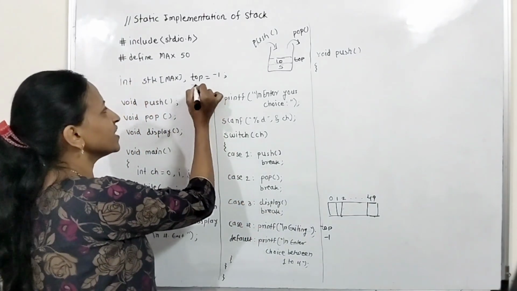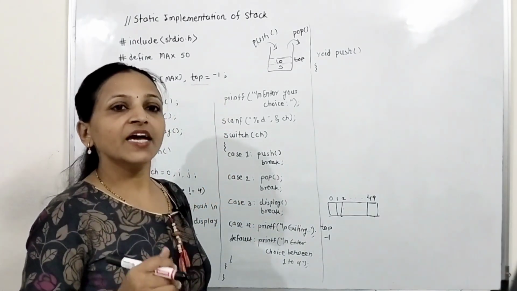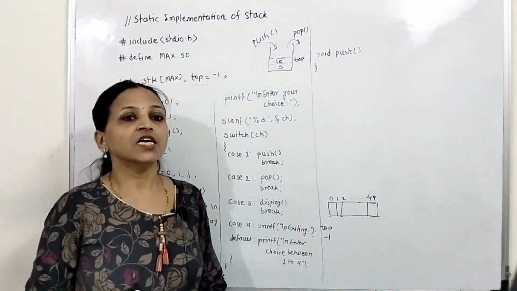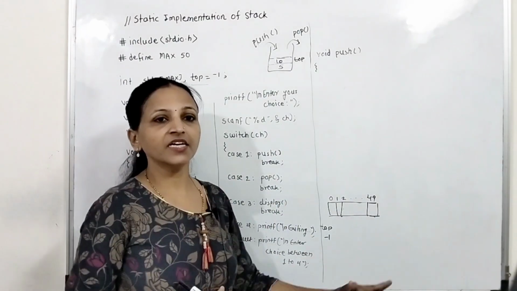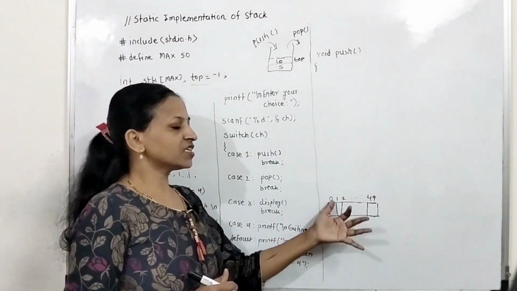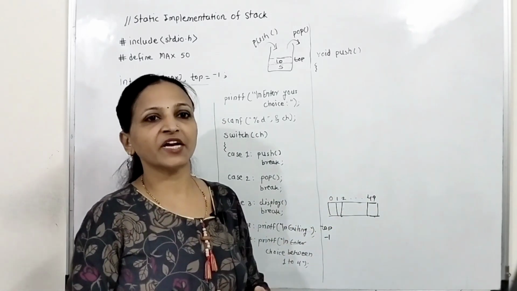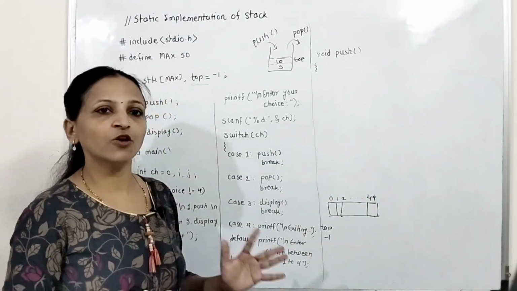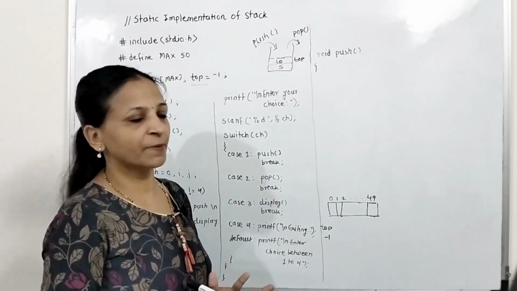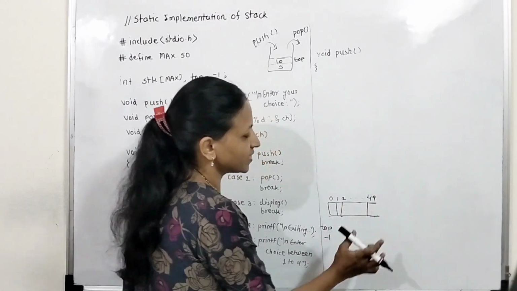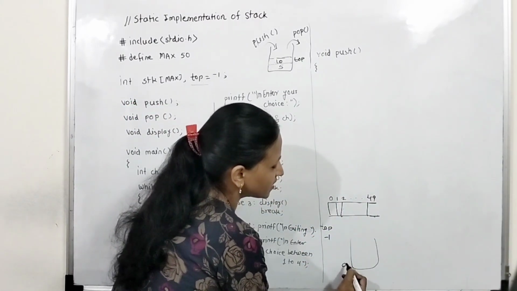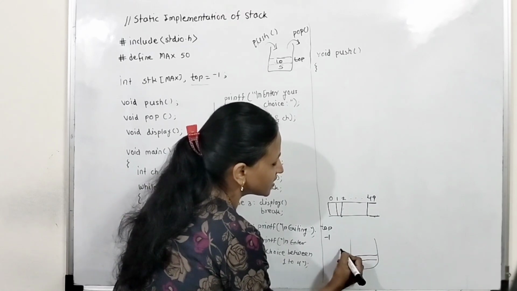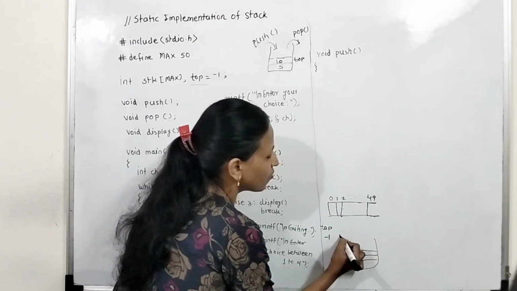Getting? See here array index is nothing but 0 to size -1, that is 0 to 49, and top is a variable. Here we have declared top will be always holding the index of topmost element. Getting? Means here we have to insert element one by one and we have to maintain the top index. Top will hold the index of topmost element. Consider stack like this, this is 0 index, this is 1 index, this is 2 index up to 49.